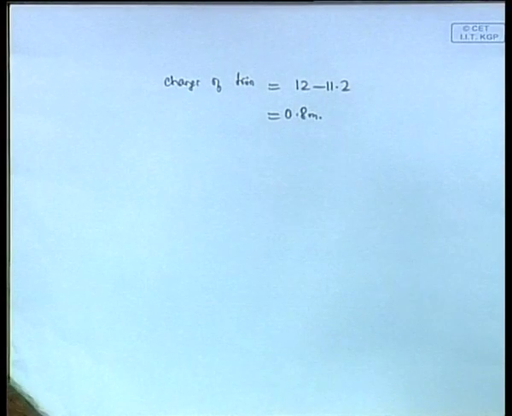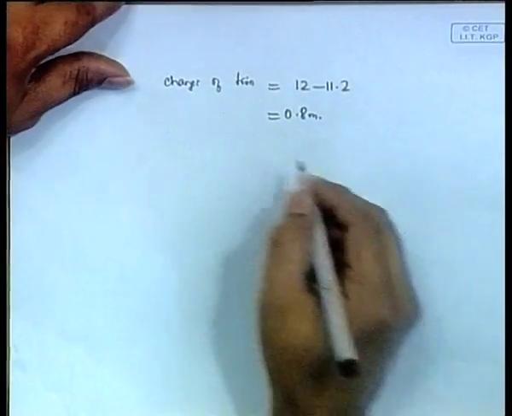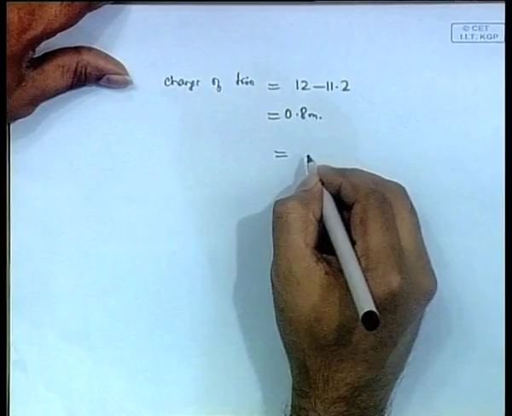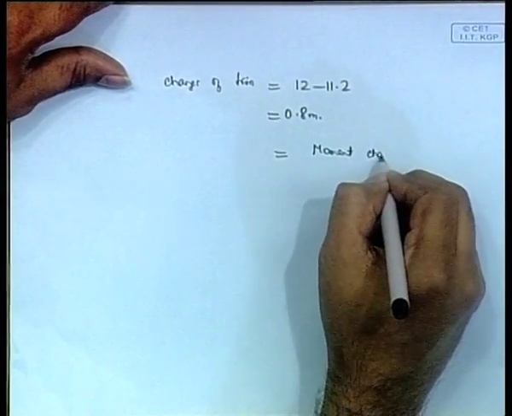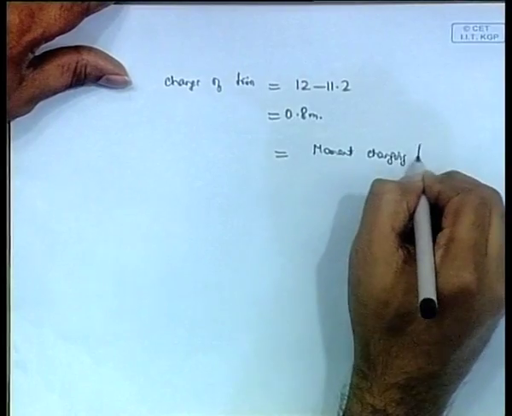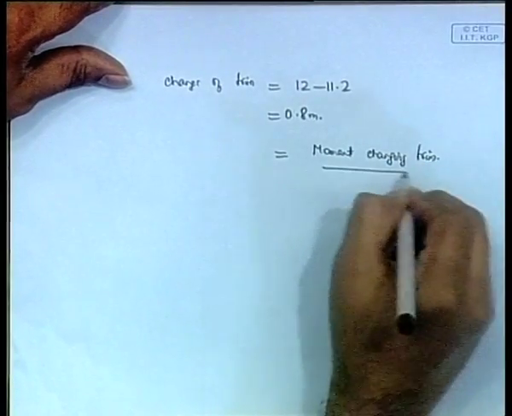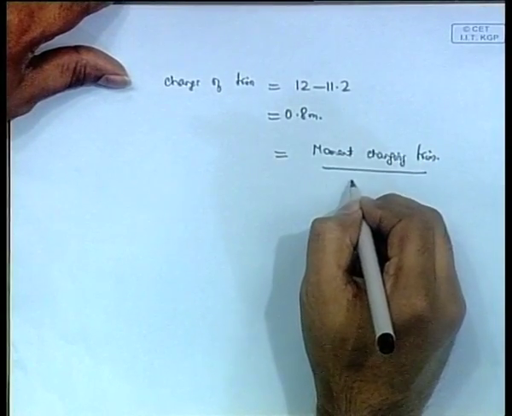Now, this formula we defined some time before. Yes, this is that formula. Change of trim is equal to the moment changing the trim divided by the MCTC.